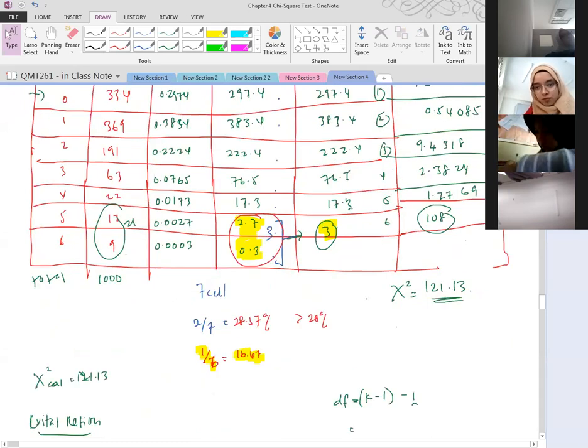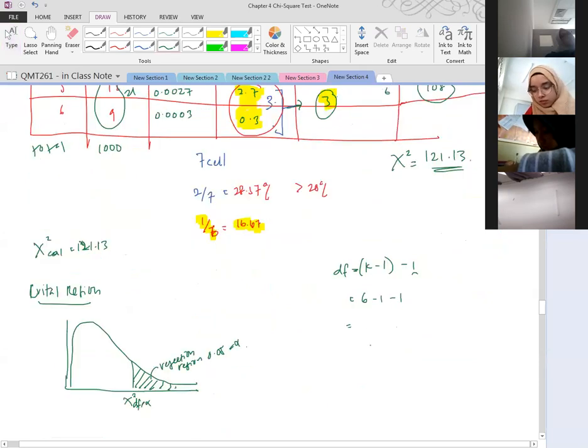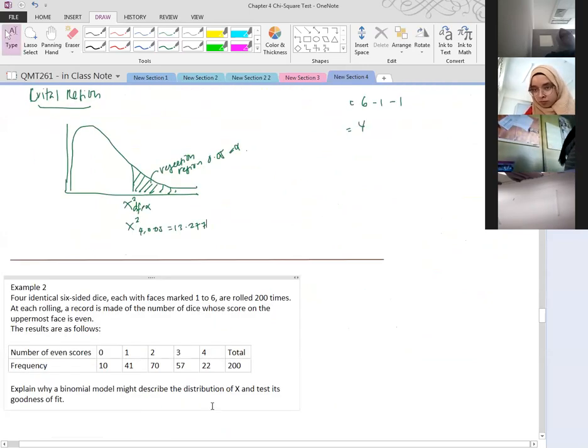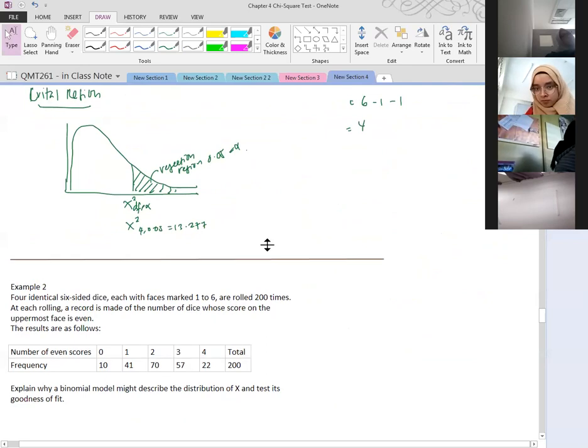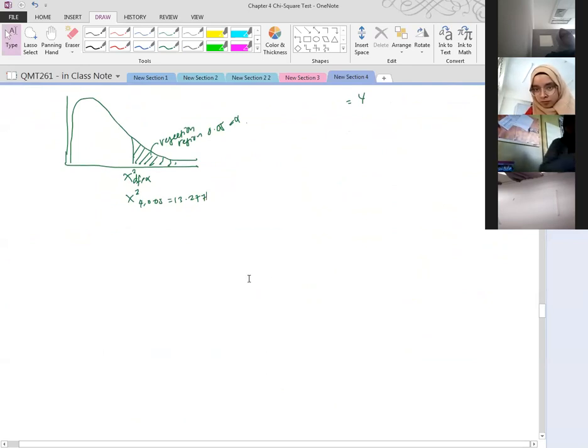So 6 minus 1 minus 1 should be equal to 4. So our chi-squared for 0.05 is equal to 13.277. Next we need to make our decision and conclusion.